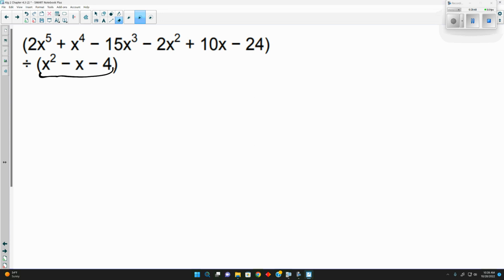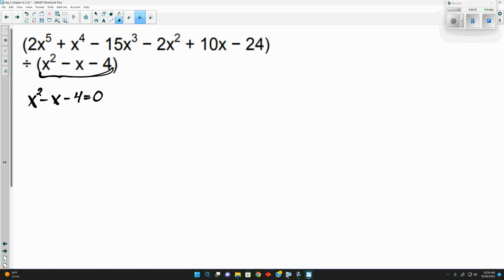It wasn't till a few years into teaching here, I had a student ask, can we do these by synthetic division? My immediate response was no, we do it by long division. I decided to actually look it up and see if we could, and it is possible. It is possible to do this with synthetic division. The first thing we have to do is solve this here for x squared. What I mean by that is just get the x squared term by itself.